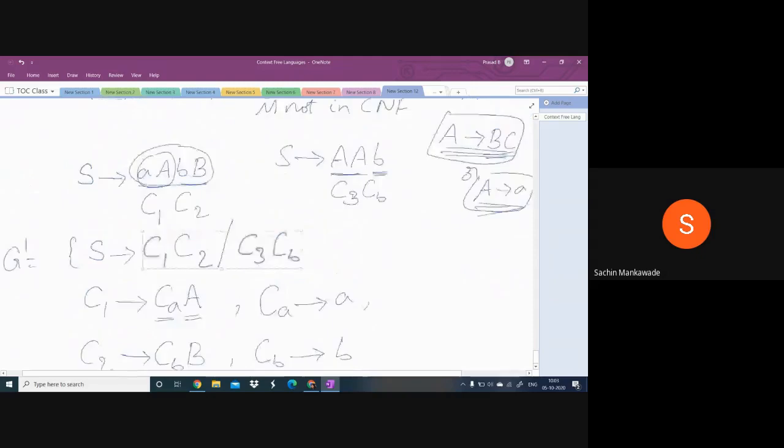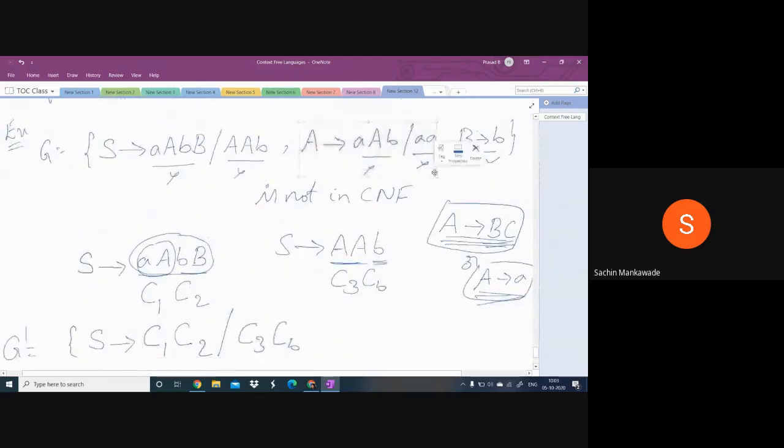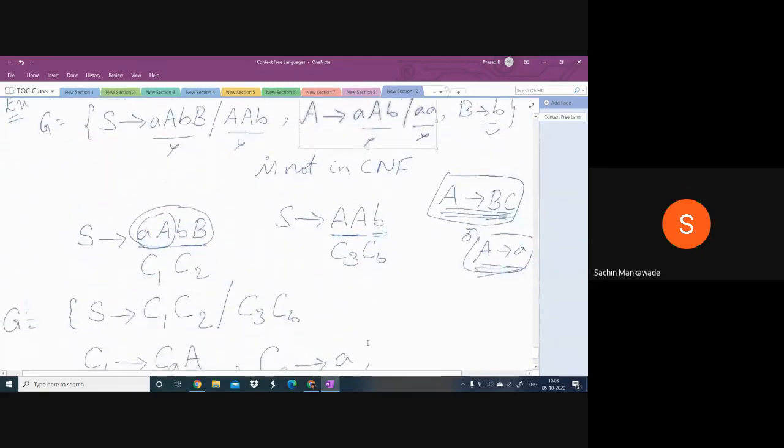Now, go to A's productions. Here, A's first production is A derives AAB. Here three symbols. Already we have taken this as C1.